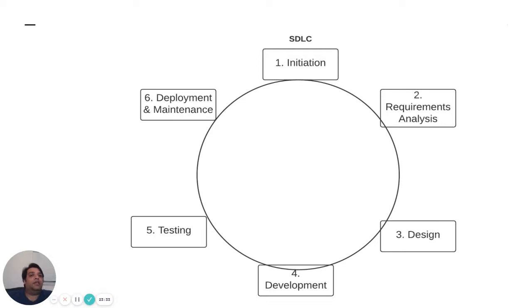Testing phase. Testing is a part of QA, quality analysis, and they make sure that whatever the requirement is, all the functionality and everything will hit it. They will create a BDD document based on the requirements.